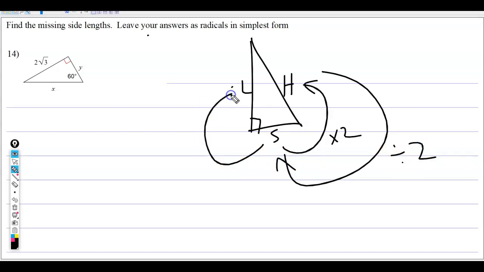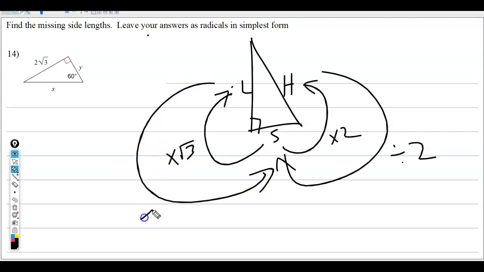The long leg is square root of 3 times bigger than the short leg. And once again, if you work backwards, you would divide by the square root of 3. So now when I'm looking at this diagram over here on number 14, we have to ask ourselves, what side did they give us?